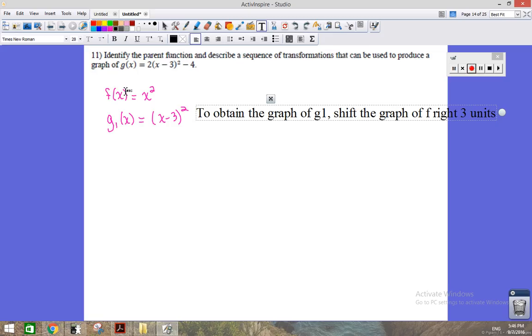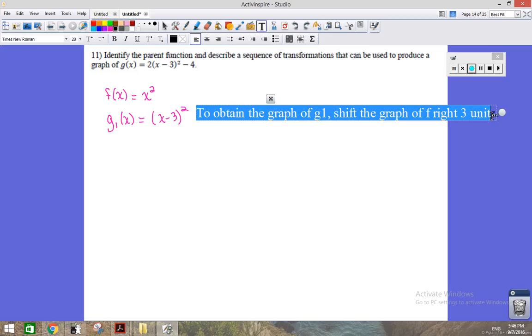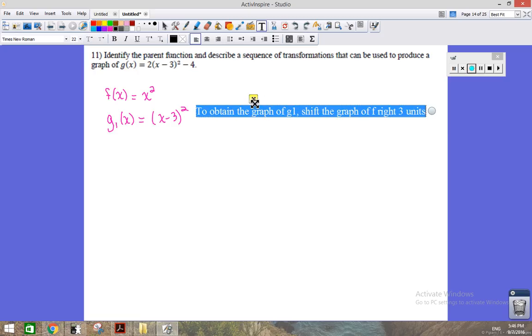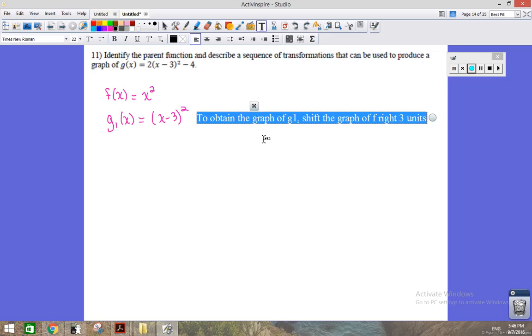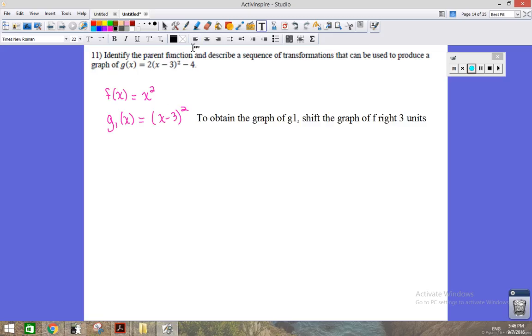Let's shrink this, make this a smaller font so you can read it a little bit better. So that's my first transformation.